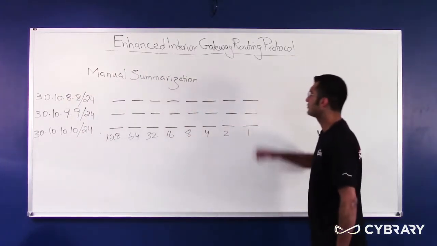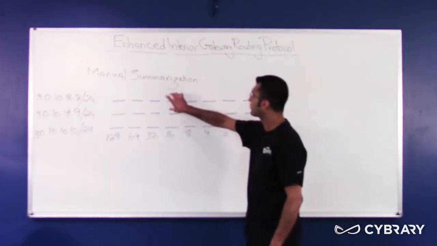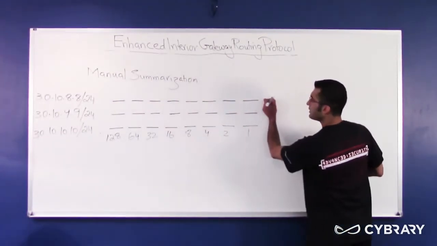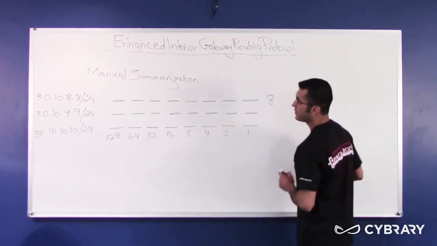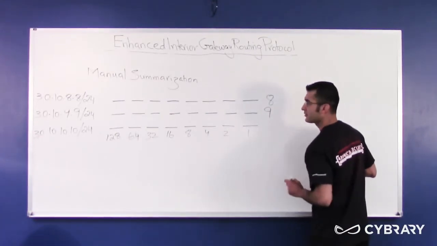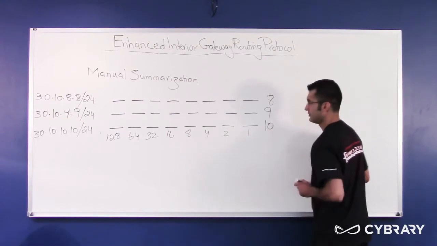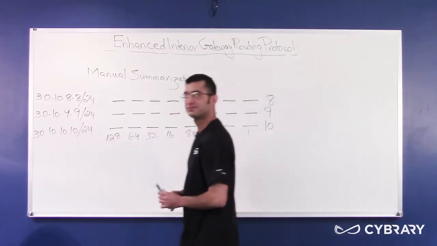So I have drawn out the third octet for each one of these networks. This is going to be the value 8, this is going to be the value 9, and this is going to be the value 10 for .8, .9, .10.